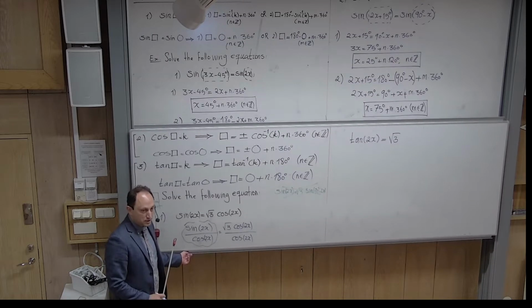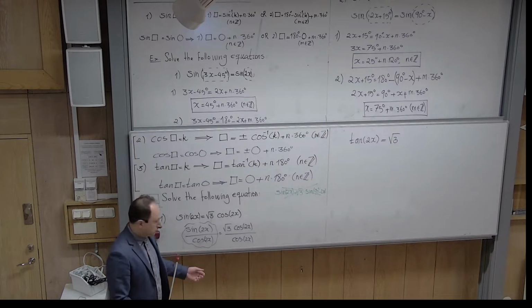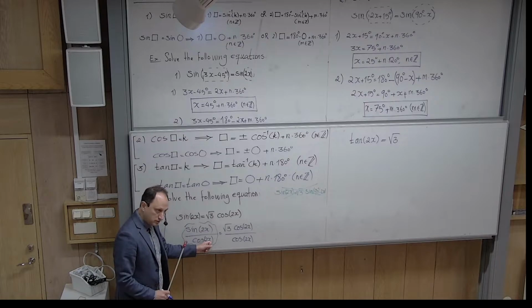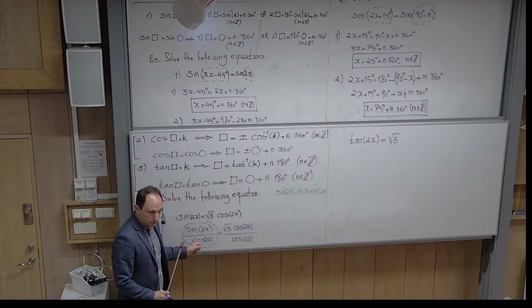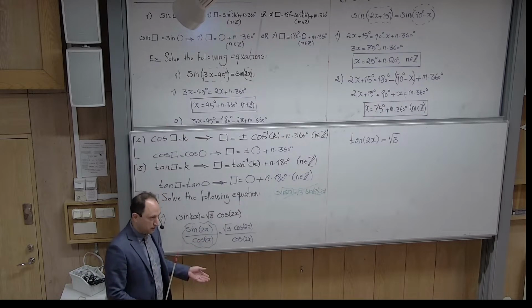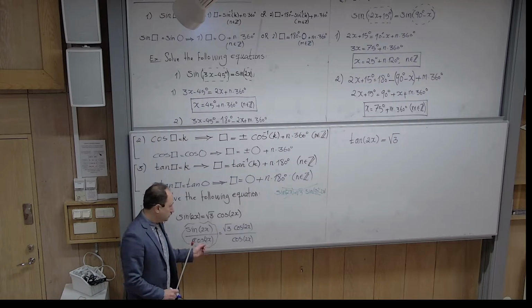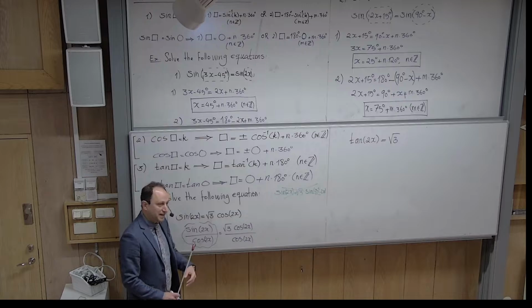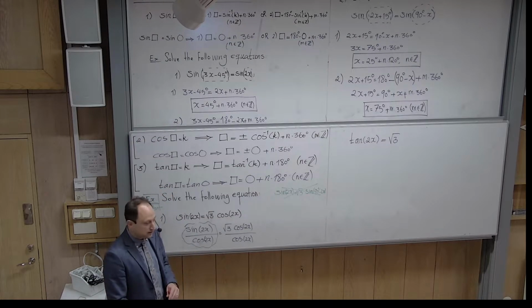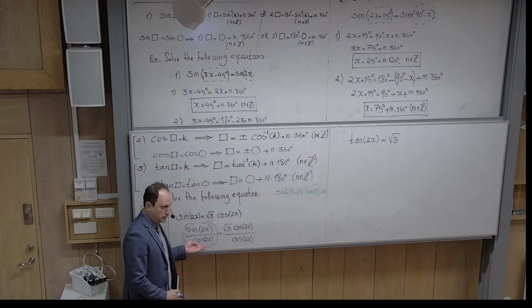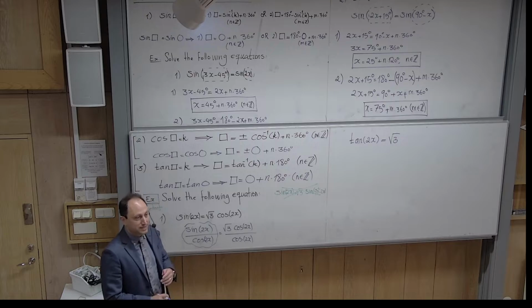At this moment, no, because I don't know x, so I don't know cosine of 2x. If I am so unlucky, it might happen that this becomes 0. But I want you to tell me why I can guarantee that cosine 2x is not 0, and then this is legitimate. Why do you think cosine 2x in this particular case is not 0?